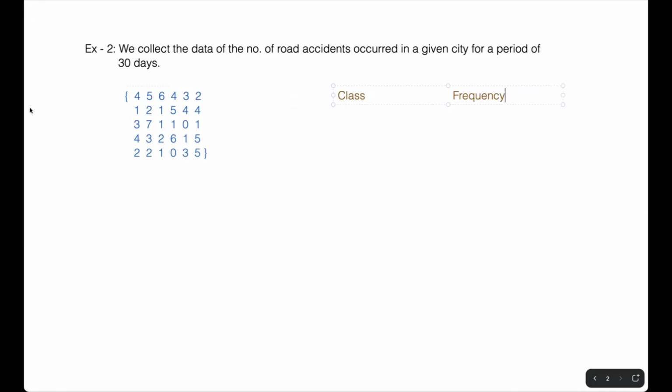And so we have, let's see, the values that we have in this data set are 0, then we have 1, 2, 3, 4, 5, 6, and 7, right?